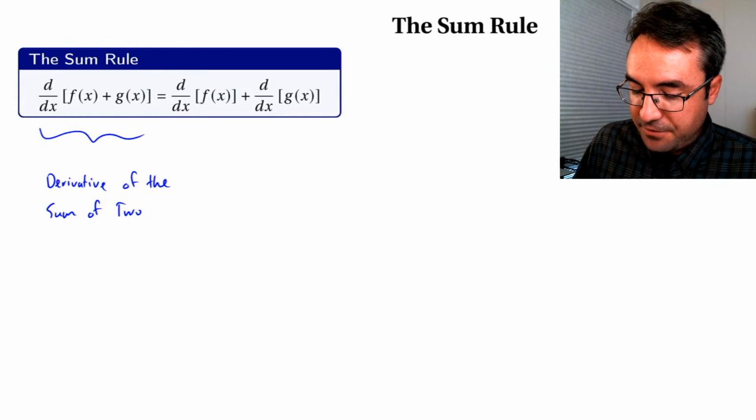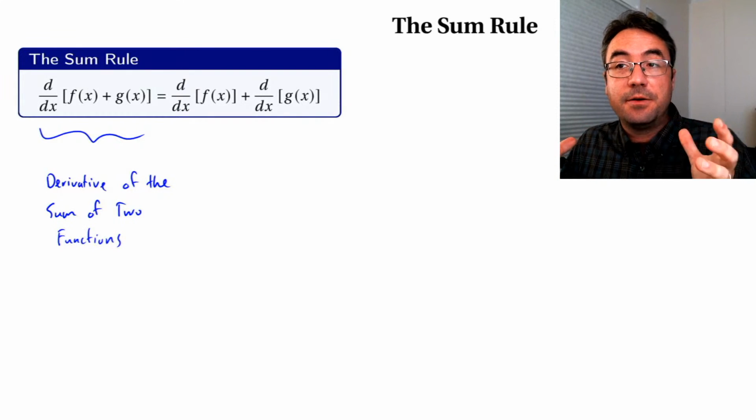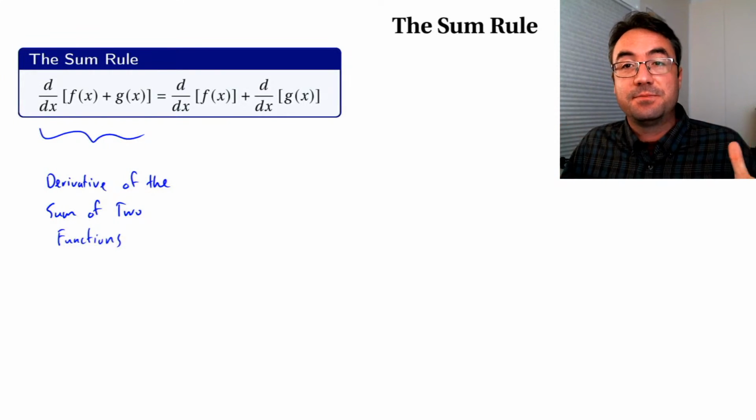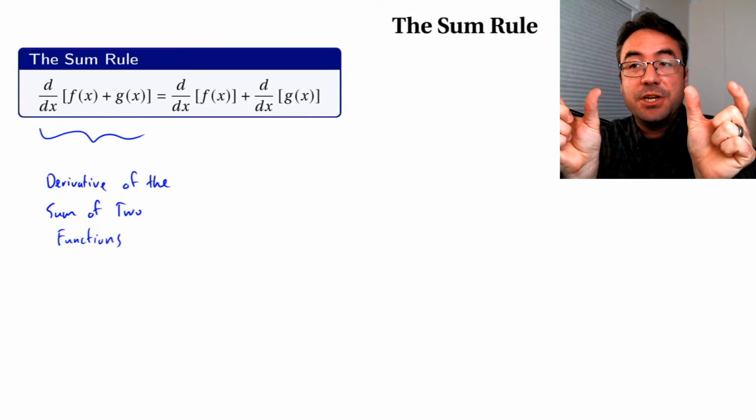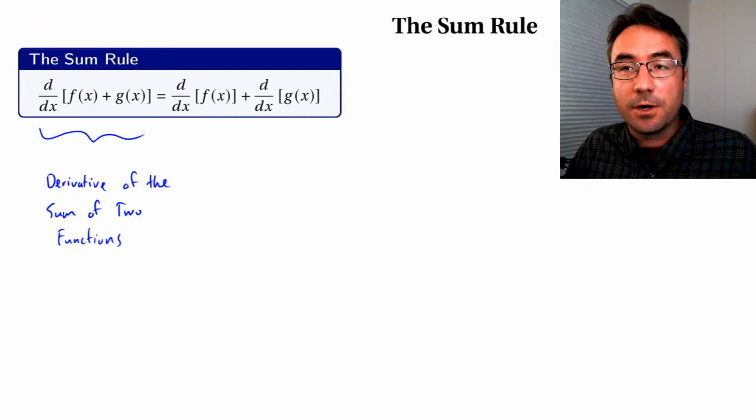So we have function f plus function g. We're adding them together, and we want to be able to calculate the derivative of the result. Well, how does that work?